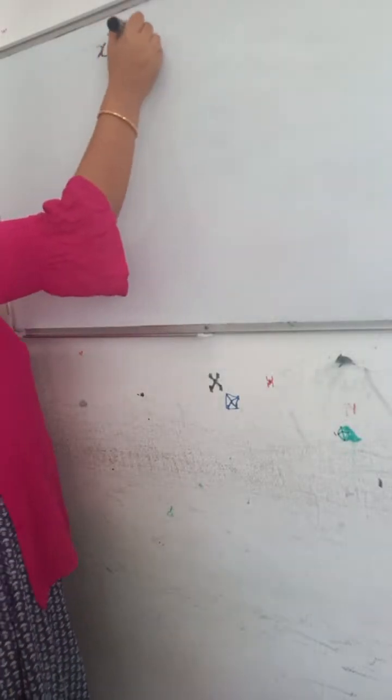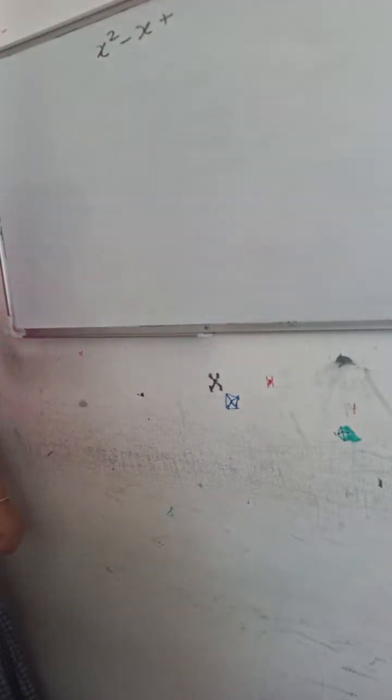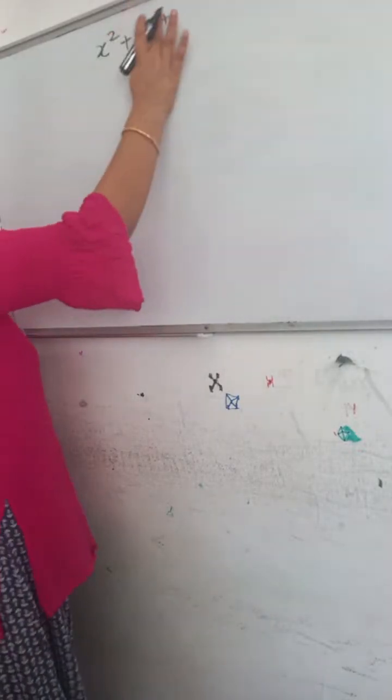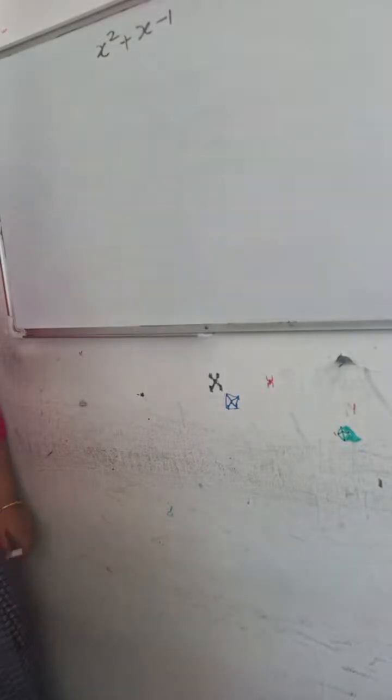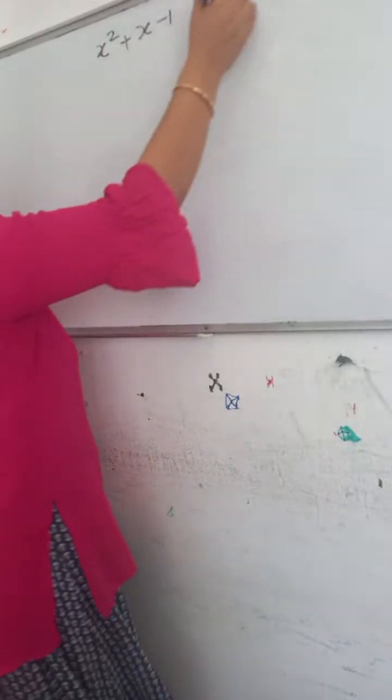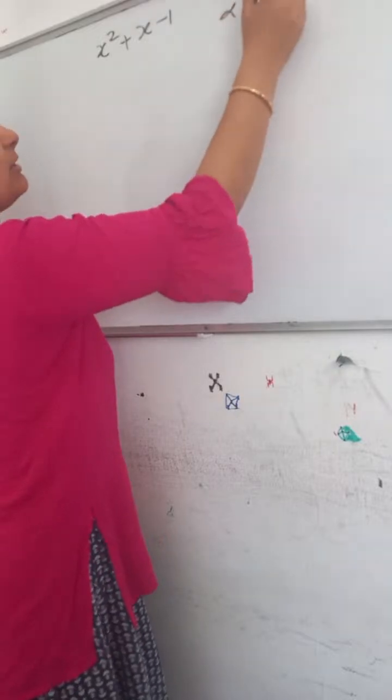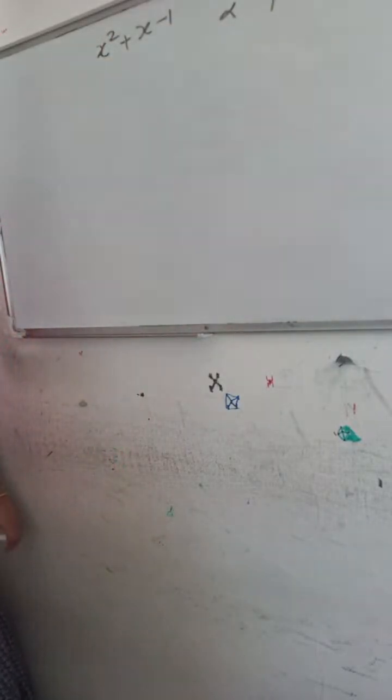X square minus x, is it? Yeah, x square plus x minus 1. This is the equation. Then find 1 by alpha plus 1 by beta. Okay, here alpha and beta are the zeros. Then find 1 upon alpha plus 1 upon beta.